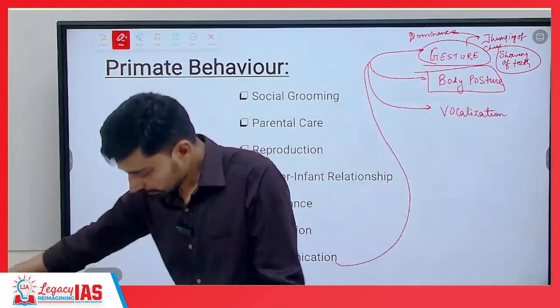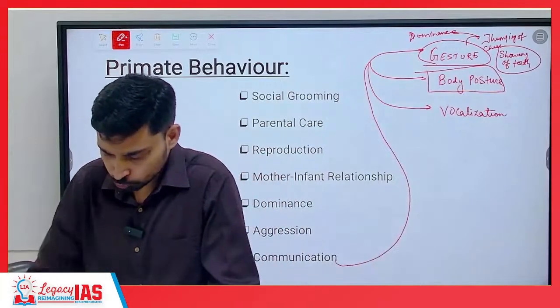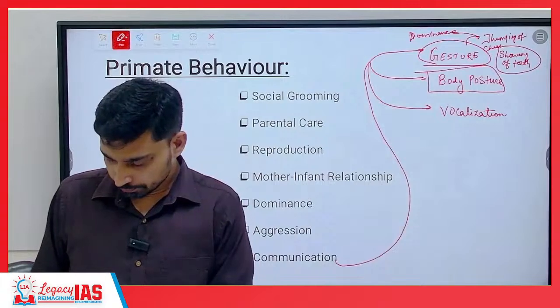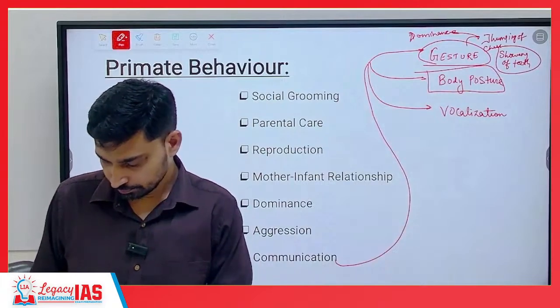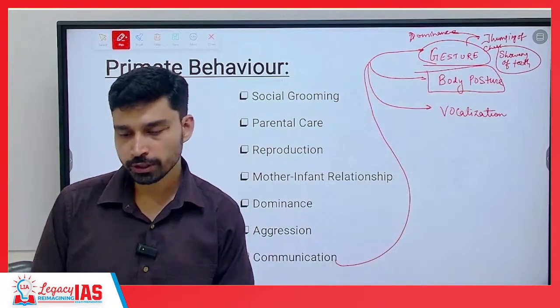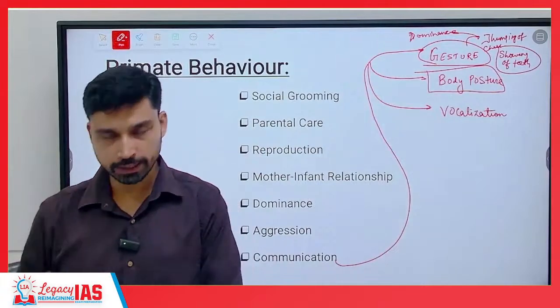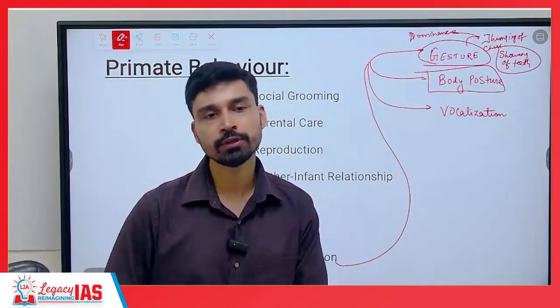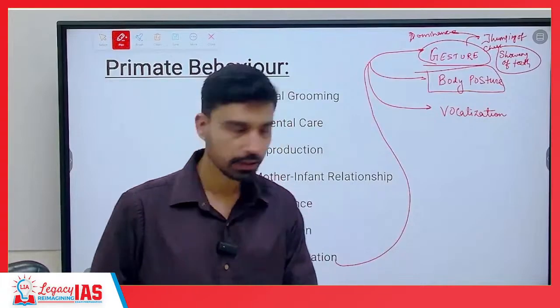Another example you can write of communication is body posture. Body posture here means how their body is oriented. It shows whether they are accepting the leadership or challenging the leadership of the other males.